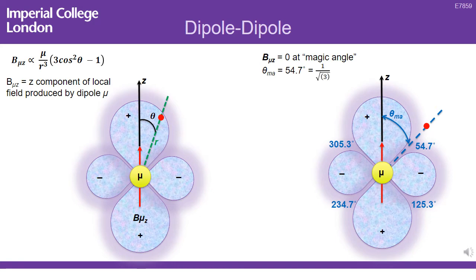This occurs at an angle where 3 cosine squared theta minus 1 equals 0, the magic angle. And these occur at approximately 54.7 degrees, 125.3, 234.7 and 305.3, and you can see that basically it's the area, those null points in between the positive and the negative fields.